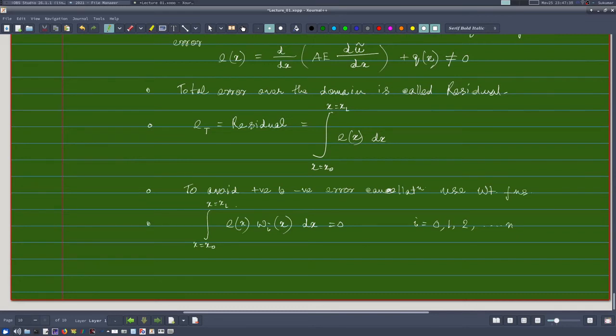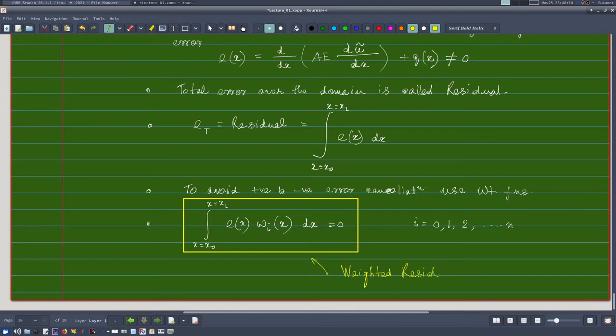So this equation is called the weighted residual equation. Let me box it. This equation is called weighted residual equation.